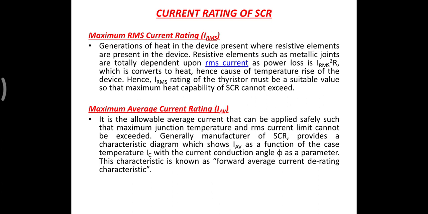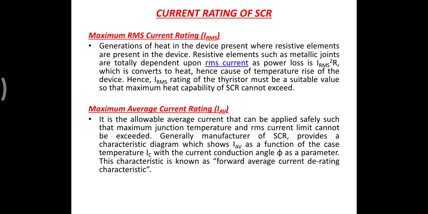Next, average value. It is the allowable average current that can be applied safely such that maximum junction temperature and RMS current limit cannot be exceeded. Okay? So generally the manufacturer of the SCR provides the characteristics diagram which shows the average current as a function of temperature, with the current conduction angle as a parameter.